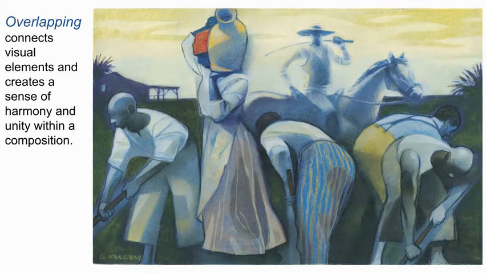Overlapping helps to create harmony and unity because it helps to show an actual literal connectedness amongst visual elements. So if you look carefully at the 1, 2, 3, 4, 5, 6 figures here, 6 people, they're all actually connected. They're all touching.